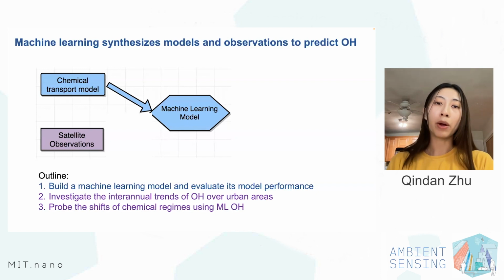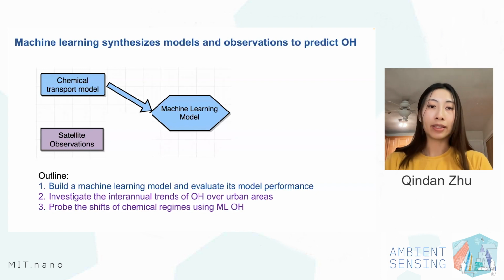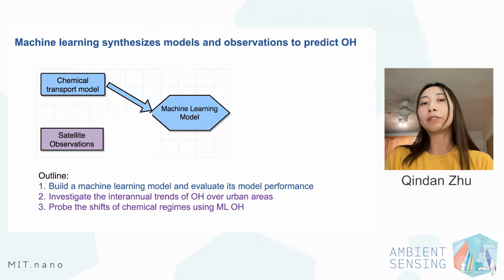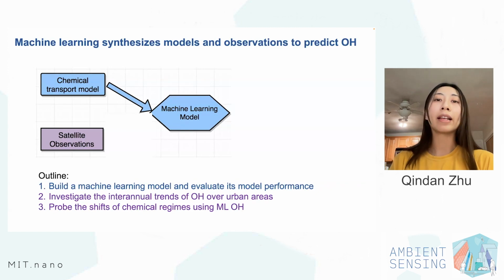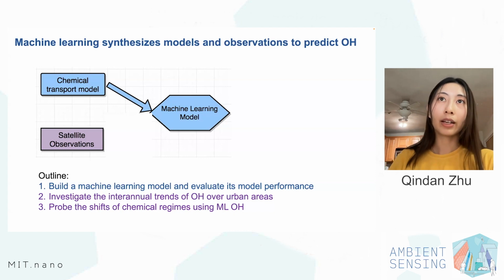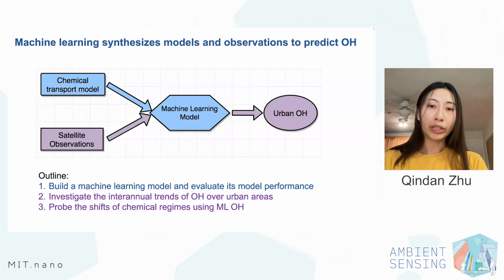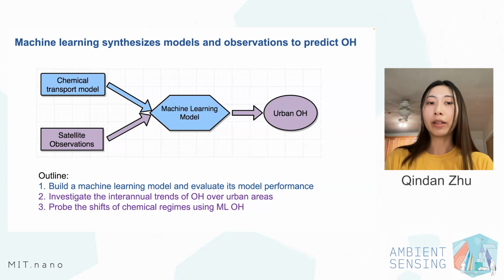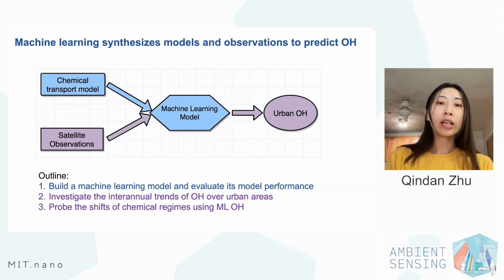These chemical transport models are very computationally expensive, and they include all the physical and chemical details that we can think of in the atmospheric chemistry, and run to generate the 3D prediction. Once this machine learning model is trained, I can get the machine learning predictions based on the inputs constructed from the satellite observation records.